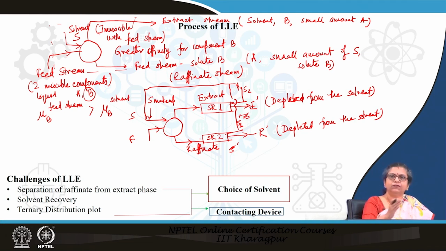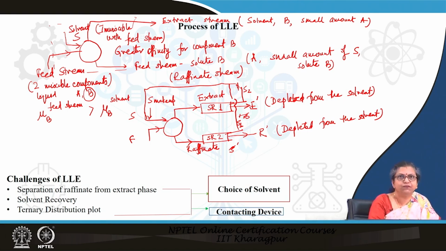So, the separation of the two phases after the intimate contact does not present any challenge, it is just gravity separated. But in this particular case, the extract and the raffinate are liquids. Usually there is not a very high density difference between the two.